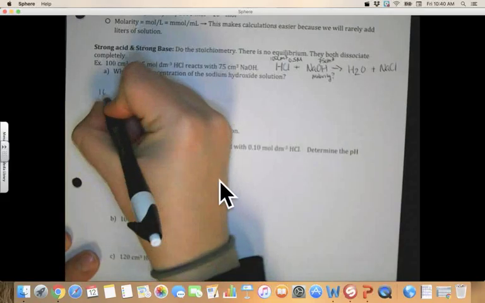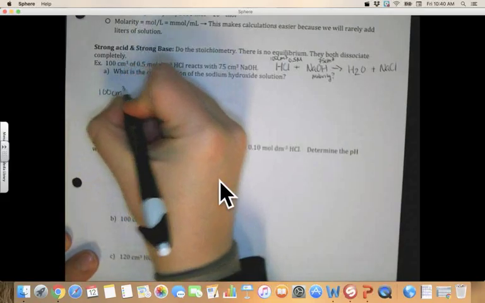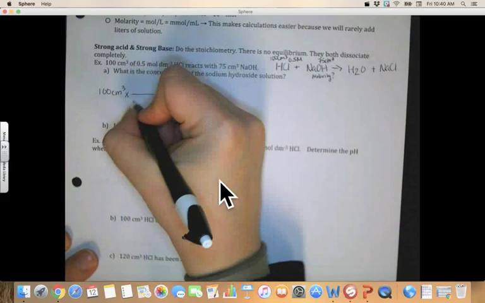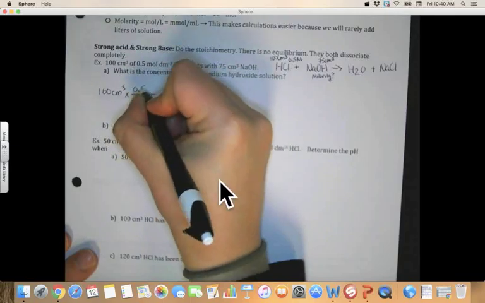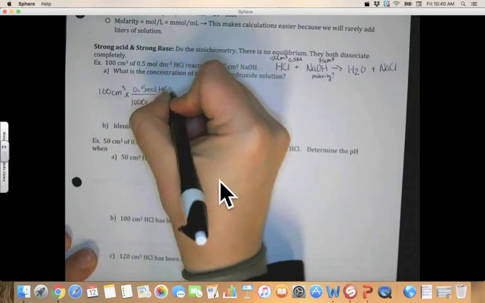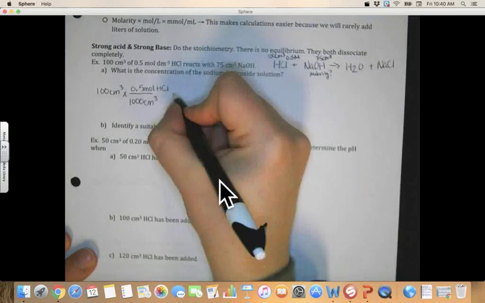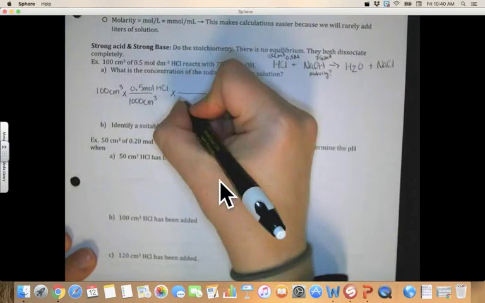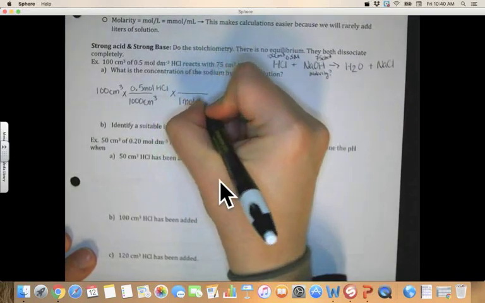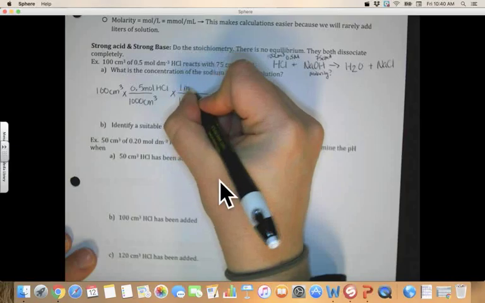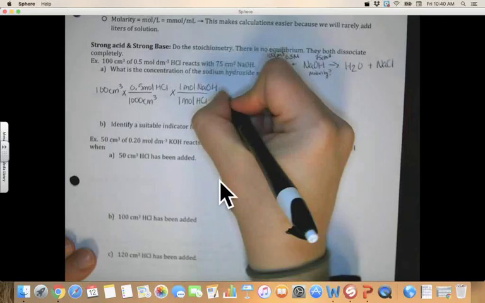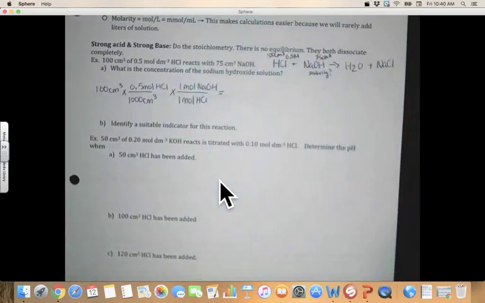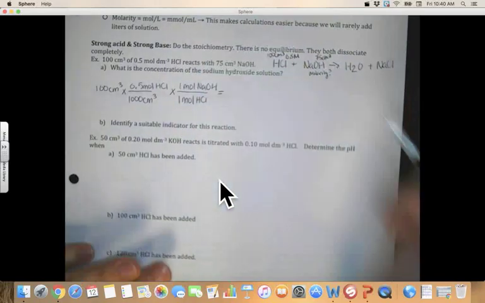We have 100 cubic centimeters of it, and for every 1,000 cubic centimeters, or liter, there's 0.5 moles of HCl. Our mole ratio is 1 to 1, so for every 1 mole of HCl, we'll react 1 mole of sodium hydroxide. And we'll figure out how many moles that is.